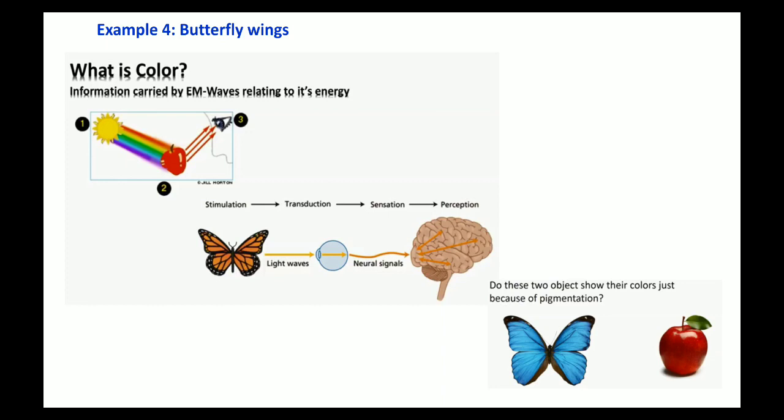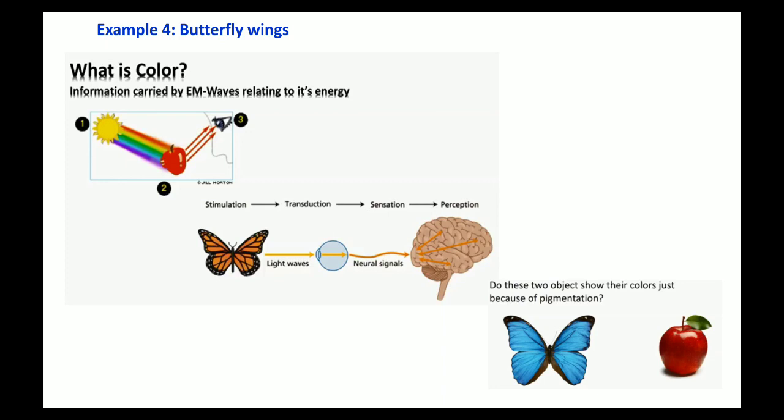Pigment is a kind of chemical, a dye, which has some kind of color.